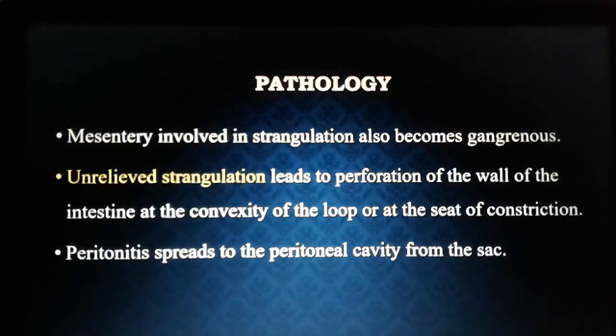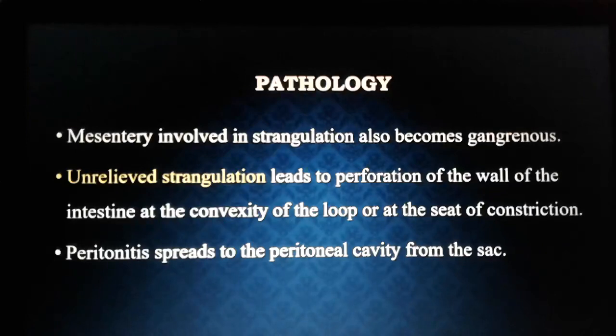Finally, after the perforation, peritonitis spreads to the peritoneal cavity via the hernial sac. The sac will get involved, followed by the peritoneal cavity, and all the various features of peritonitis like rigidity and guarding of the abdomen will appear at this stage, with distension of abdomen, as the patient is having strangulated hernia, right?